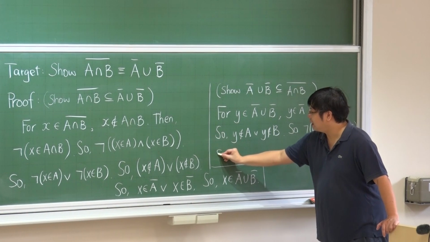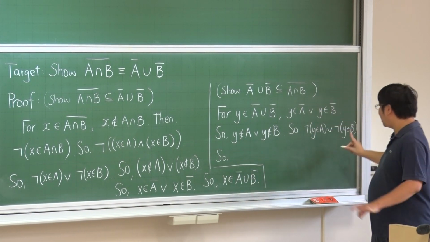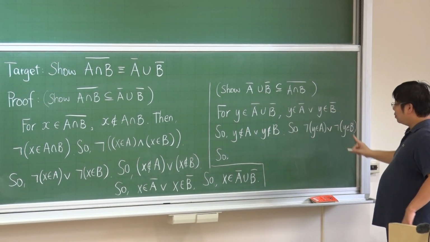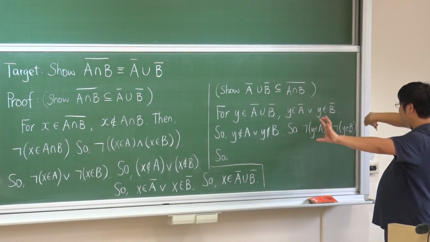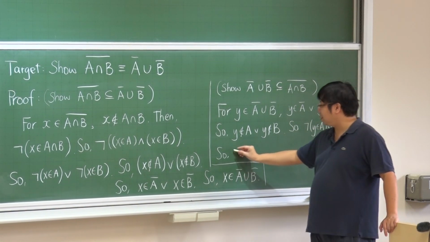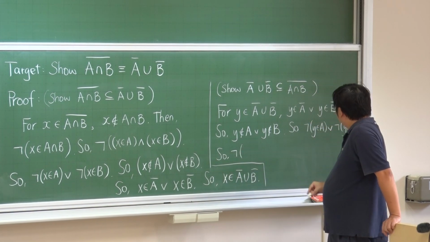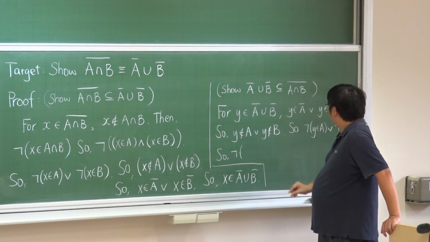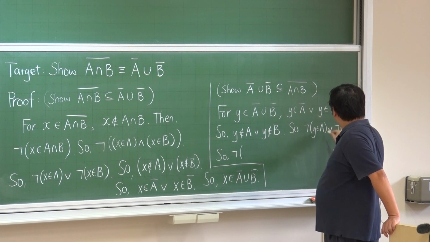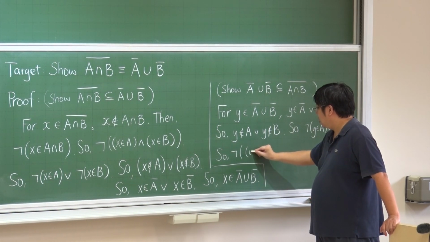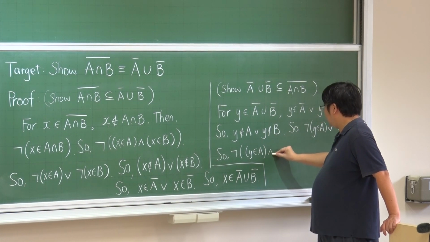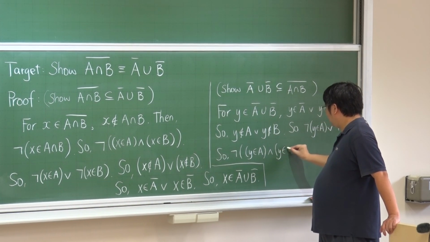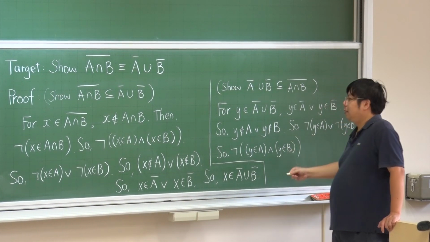And then we also have De Morgan's law, but this time we take the negation outside and then negate everything inside. So we will still have the negation of what? This one, this one. So we have y is in A and y is in B. Yeah, this works.